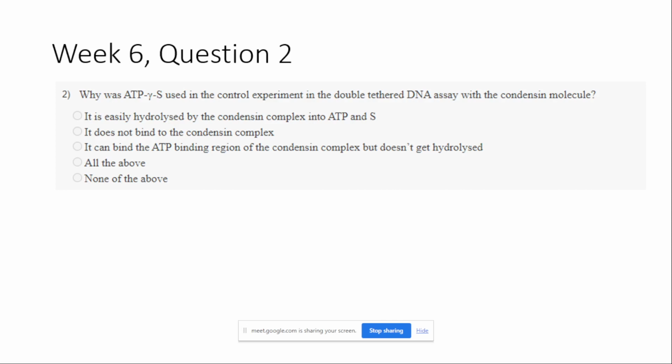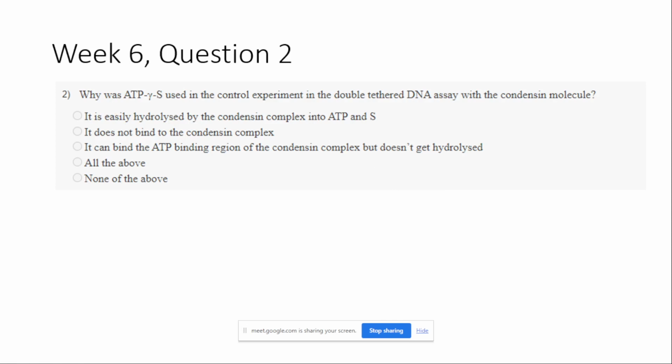So the answer is that the reason for using this non-hydrolyzable ATP is that it can bind the ATP binding region of the condensin, but it will not get hydrolyzed. That's why it is a non-hydrolyzable analog of ATP.